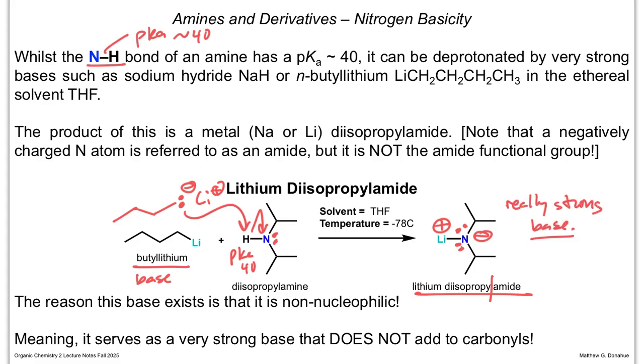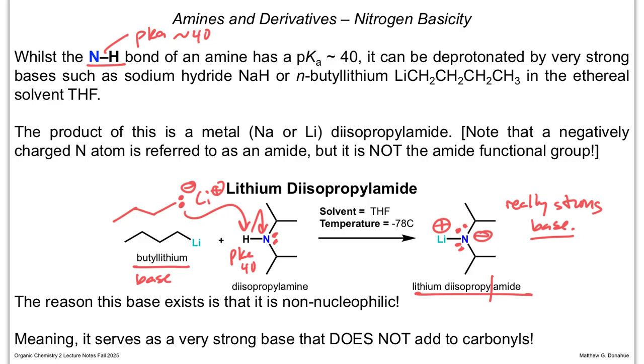So we can use that in other acid-base reactions to abstract CH bonds. We won't get too much into that today for this module, but it's going to come back in another module when we start making carbon-carbon bonds.